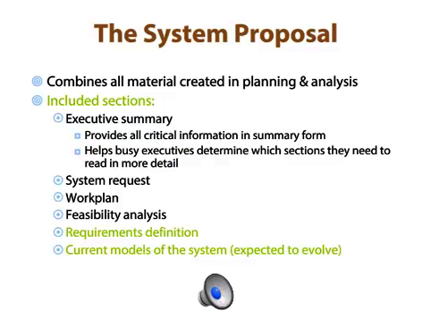It includes the work plan that has been developed by the project manager. It includes feasibility analysis, and it includes requirements definition. Then we move on to creating models. So as we move forward, we build out this system proposal. And you will see that as we move on to Chapter 4 in Dennis.